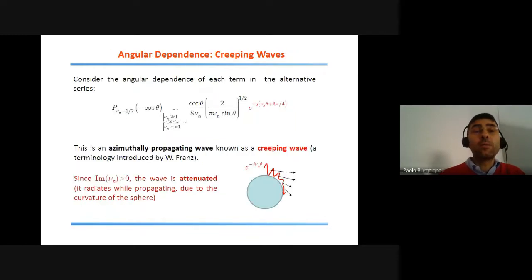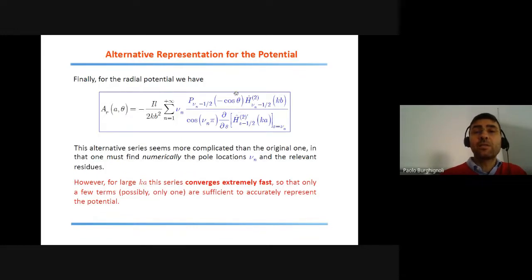In particular, consider the angular dependence of each of these blue addends, which is contained inside the Legendre polynomial with order n sub n minus 1/2 and argument minus cosine theta.